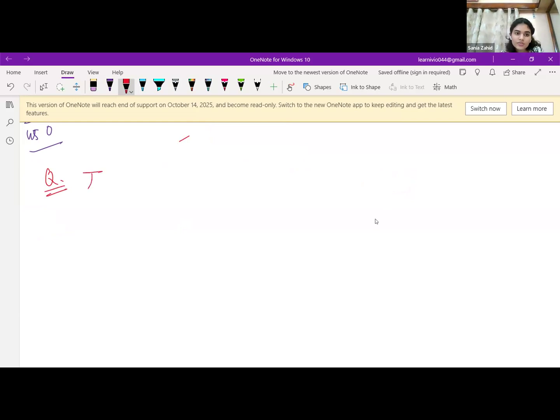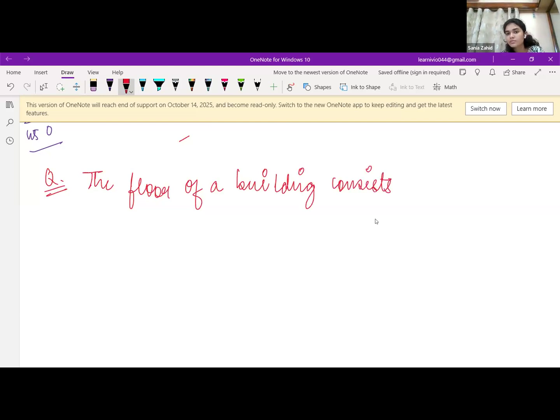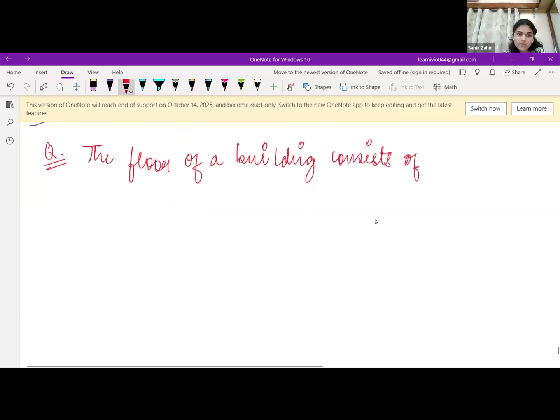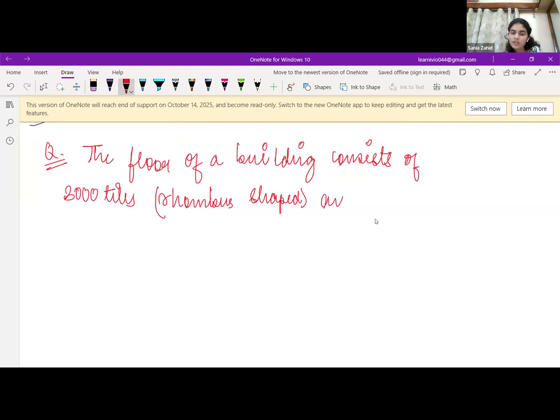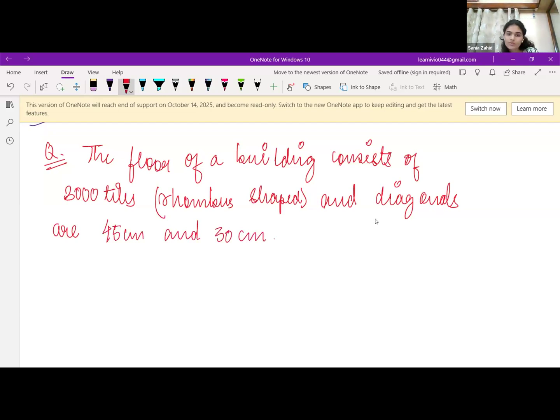The floor of a building consists of 3,000 tiles, which are rhombus shaped, and the diagonals are 45 centimeters and 30 centimeters. Find the total cost of polishing the floor.